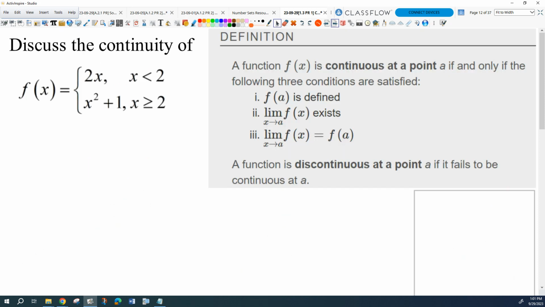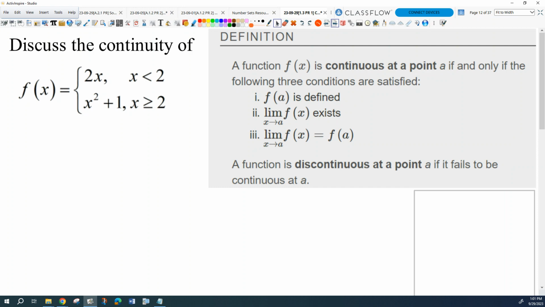Okay, what about one like this? Now, this time we don't have the benefit of a graph. That's the difference. So how are we going to deal with this? We're going to go through our checklist still, right? Is the function defined at a? Yeah, it is.